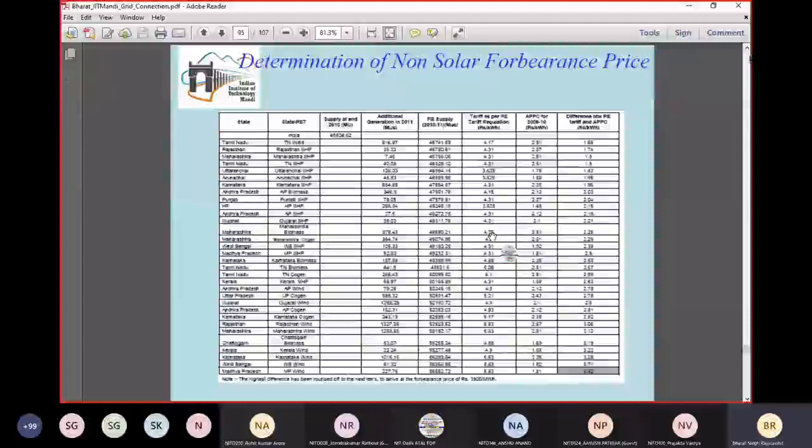But if there is no demand to meet the RPO requirements, then all the certificates are just lying at the floor price, so there is no such profit. If individual states are able to get their resources themselves, then they are not interested in buying the REC certificate. So it is a play of demand and supply also. There is no guarantee that certificates are sold at the ceiling price every time.